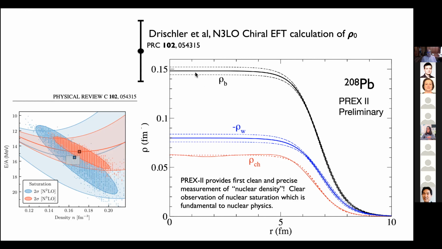So there's some cancellation between those two. And then lead is a somewhat neutron-rich system, while symmetric nuclear matter is assumed to have equal numbers of neutrons and protons. So the saturation density of nuclear matter probably decreases as one goes away from equal numbers of neutrons and protons.